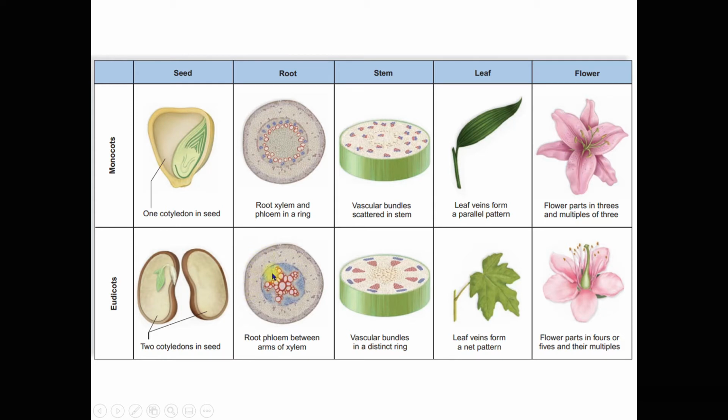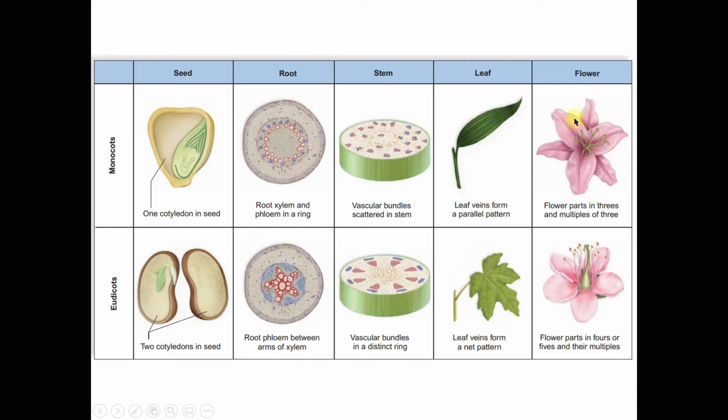Now, when it comes to a cross section of the stem, the vascular bundles in monocots are scattered. But for eudicots, the vascular bundles are in a distinct ring. You can see, very different. Then for the leaf veins, monocots have a parallel pattern, while in eudicots the leaf veins are in a net pattern.